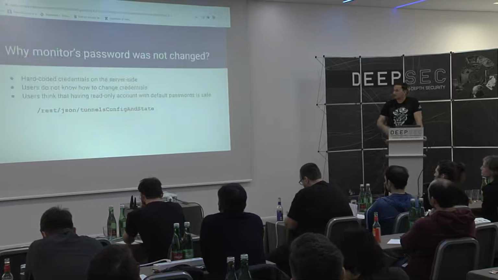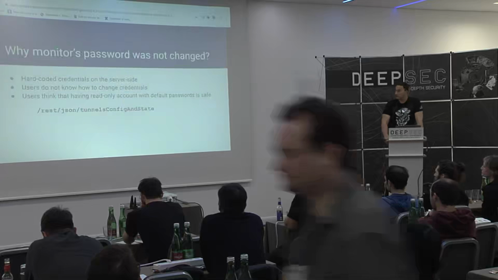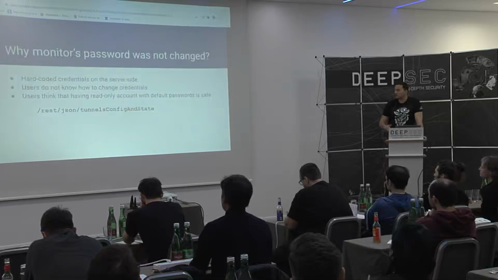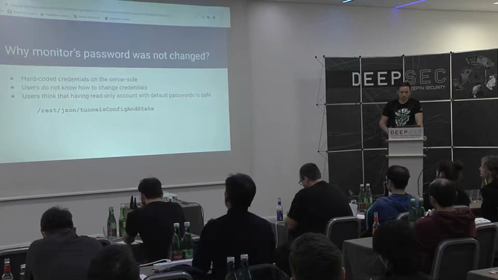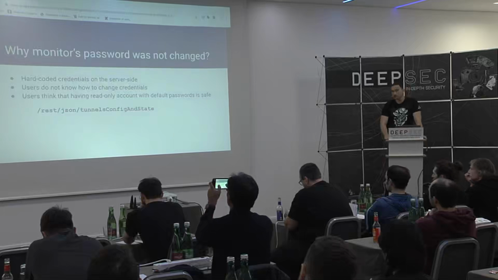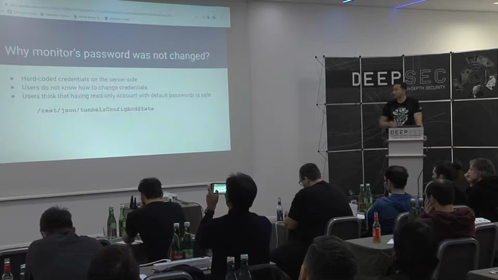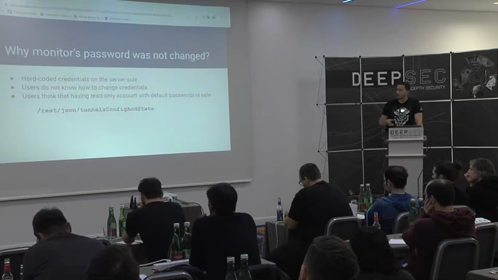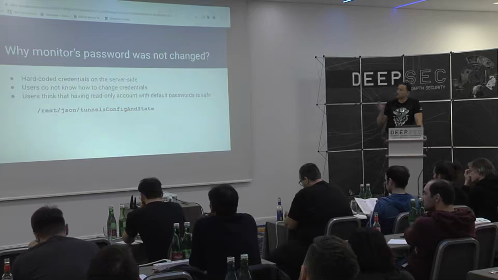And the interesting question is why the monitor user's password wasn't changed. There are several ideas. Hard-coded credentials on the server side. Another one, users don't know how to change credentials. And the last one is users think that a read-only monitor user is a safe account with a default password.